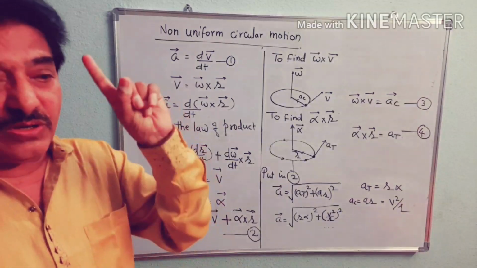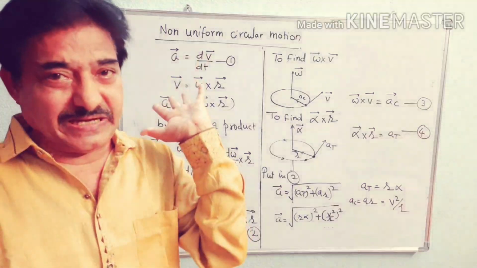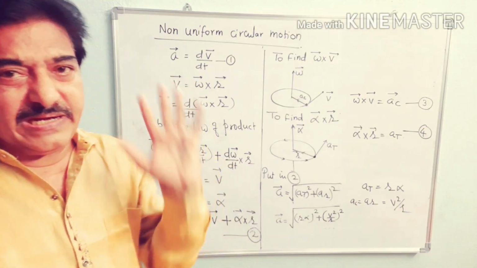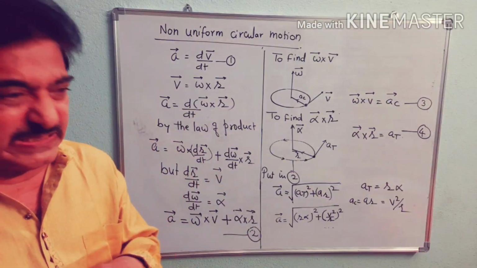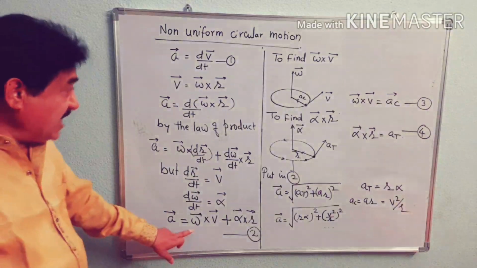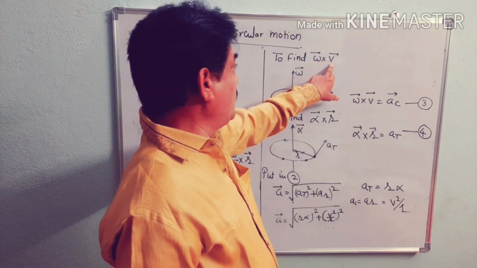It means in a non-uniform circular motion, there are two accelerations. We will find the value and direction of these two accelerations. First we will find omega cross v.